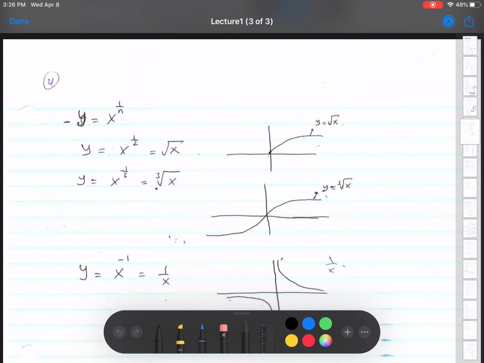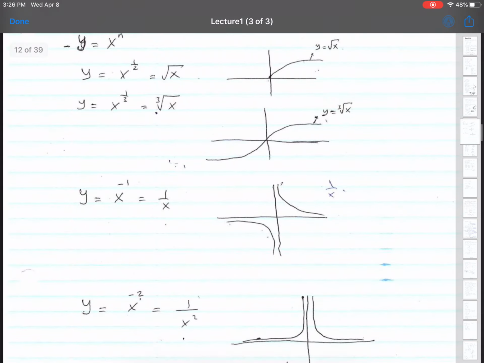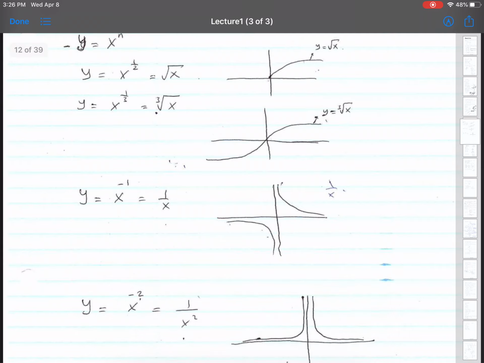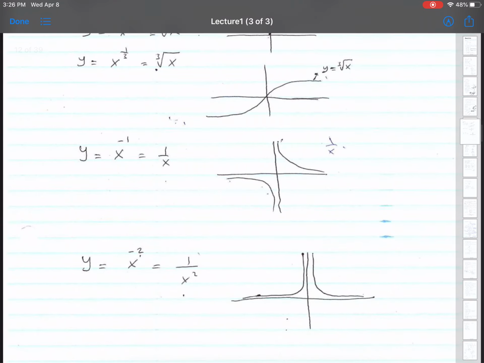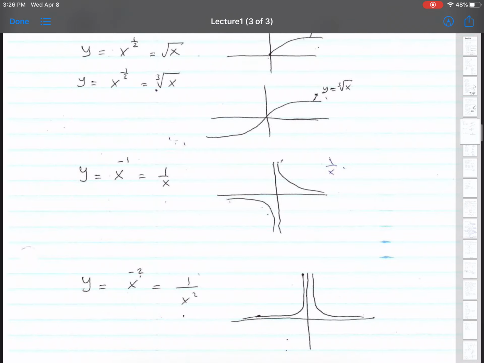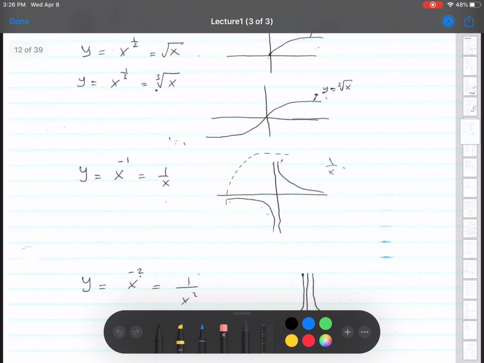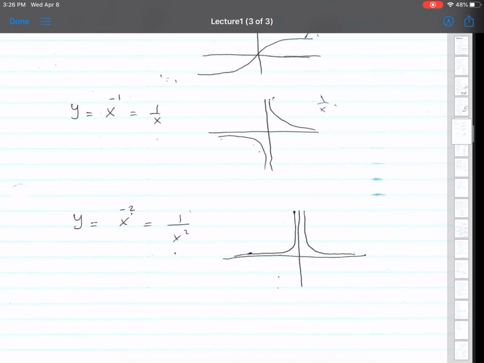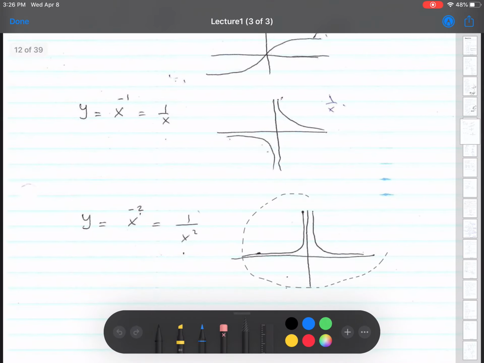If you have x to the negative 2, you can write 1 over x squared. For 1 over x, the graph will look like this, and for 1 over x squared the graph will look like this.